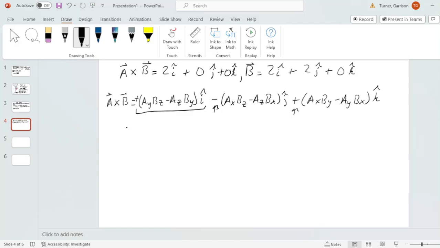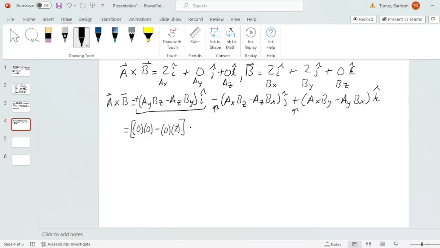And then it's just plugging in your components. So this is AX, this is AY, this is AZ, this is BX, this is BY, this is BZ. So then this is going to be AY is 0, BZ is 0, minus AZ is 0, and BY is 2, right?